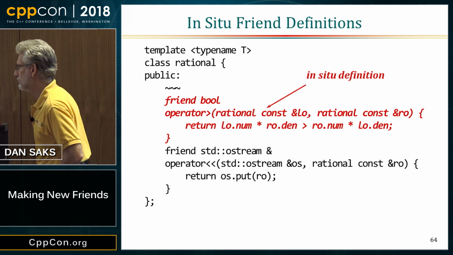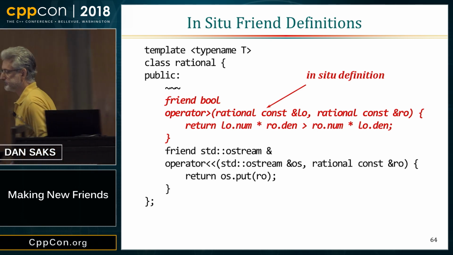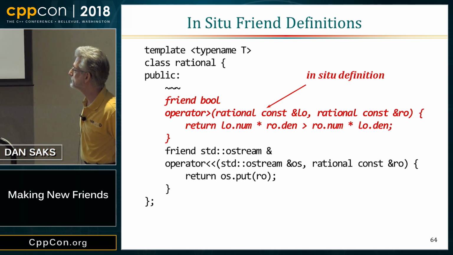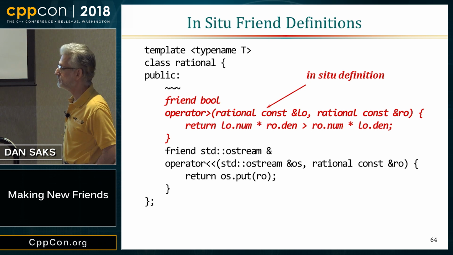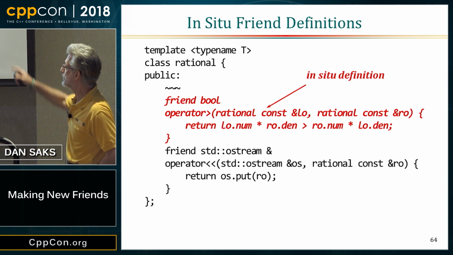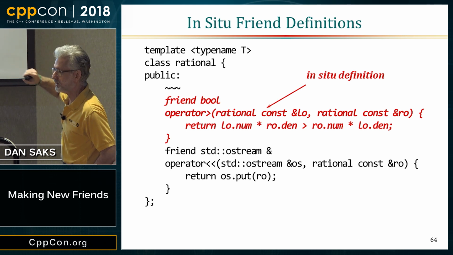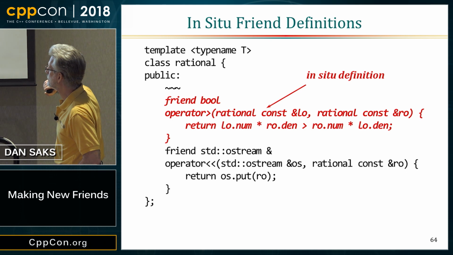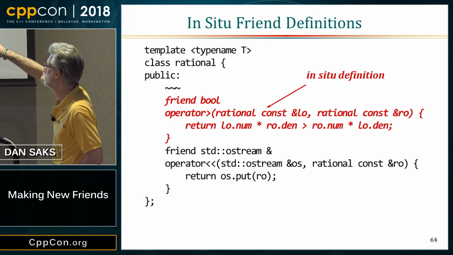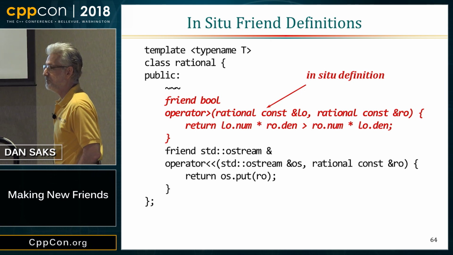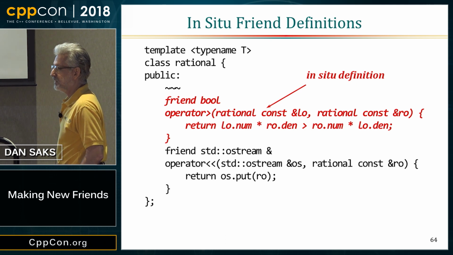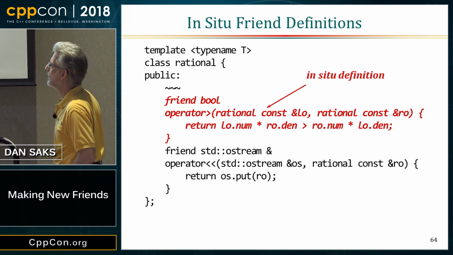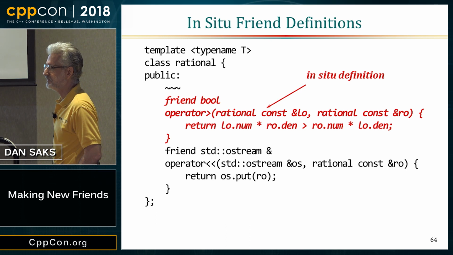I'm sorry, run that by me one more time, please. I think you can put a whole template operator inside your class as a friend. How is that different from what I have done here? You put like a template friend or friend template. I don't remember the syntax. Oh, you use the word template, and you actually make a member template? Can you? I haven't tried that, so I can't say off the top of my head.